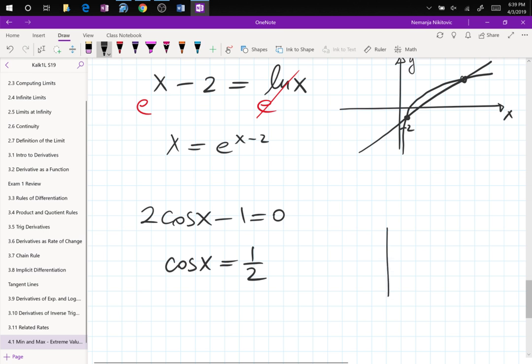And then forget about unit circle, forget about all of these things. We have our cosine graph at 1. This is where the 2 pi is. In the middle is a pi. And what do I have? I have a half.